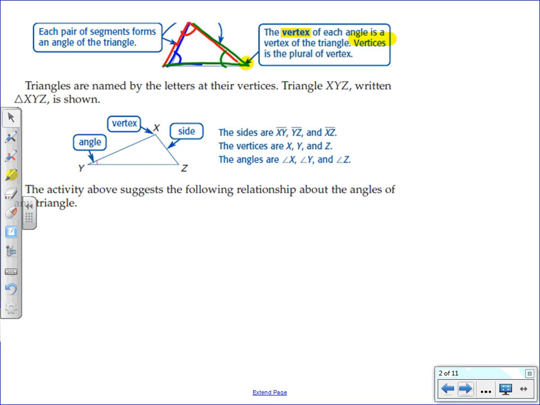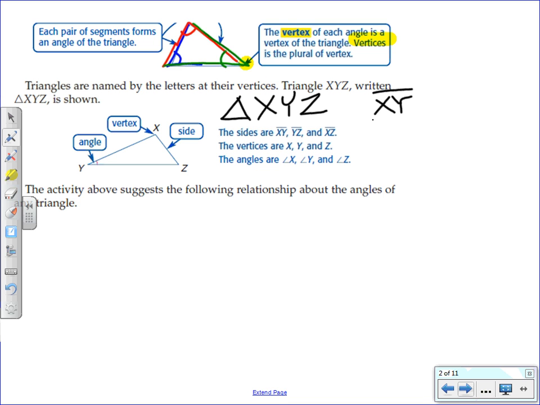Triangles are named by the letters of their vertices. So triangle XYZ is written triangle XYZ, right? And it has sides. From this I can tell it has line segment XY.